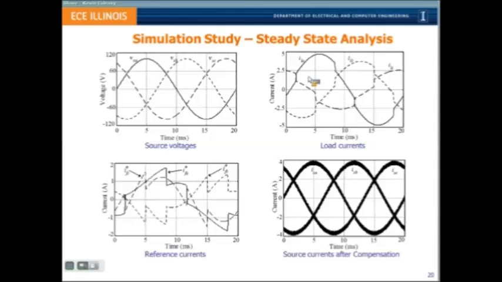The 3 load currents are obviously unbalanced and non-sinusoidal, and there is a neutral current which is not shown here. And these are the reference currents computed by the algorithm, which is the instantaneous symmetrical component theory. And once we do the compensation, the source currents have become balanced, sinusoidal, and with unity power factor relationship with the source voltages. So the objective is achieved.